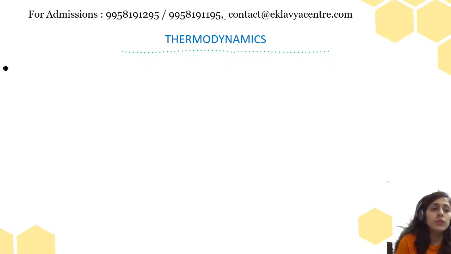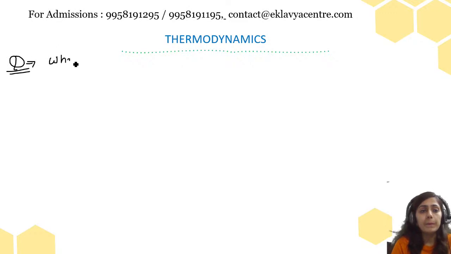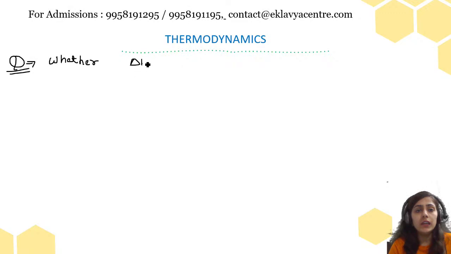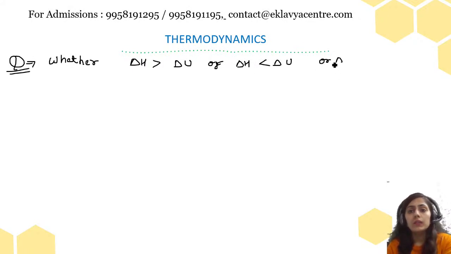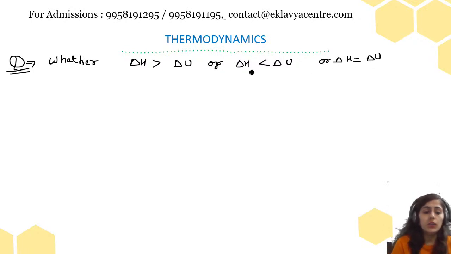Suppose I give you some chemical reactions and you have to tell me whether delta H is greater than delta U, or delta H is less than delta U, or delta H is equals to delta U. We have to find out these things, right?